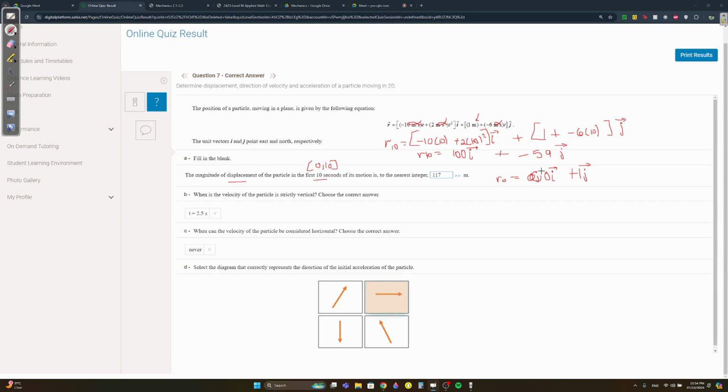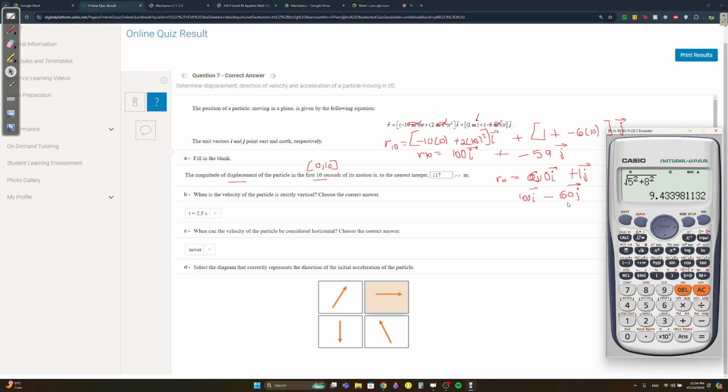So subtract: 100 minus 0, 100i. Minus 59 minus 1 is minus 60j. Find the magnitude of this, because he said magnitude. So radical 100 squared plus 60 squared, 116.6, to the nearest integer is 117, right?